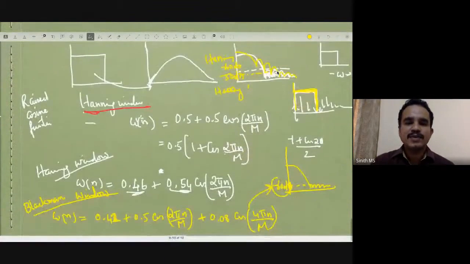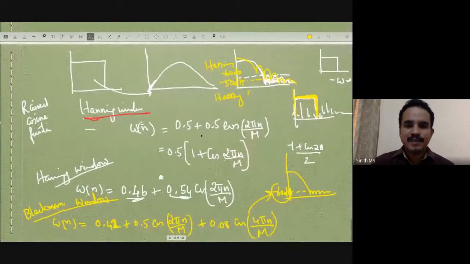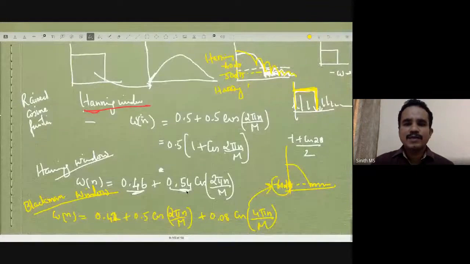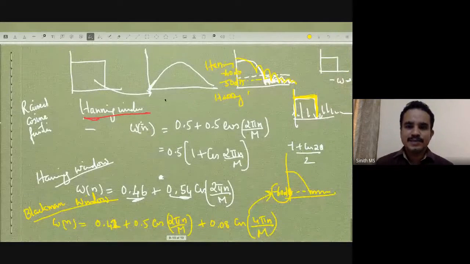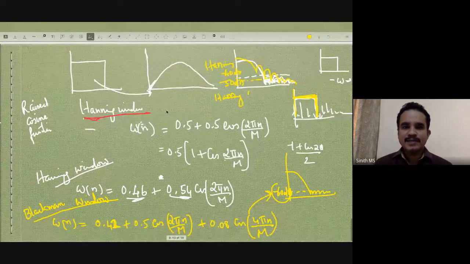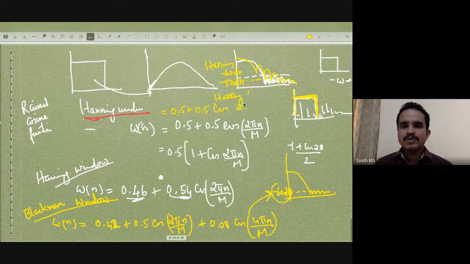In that case, you will utilize this equation: 0.5 plus 0.5 cos 2 pi n by M.